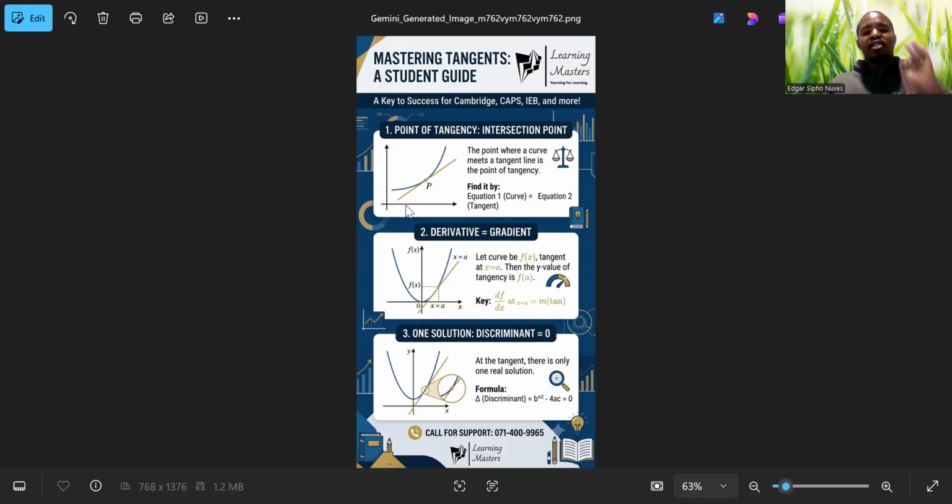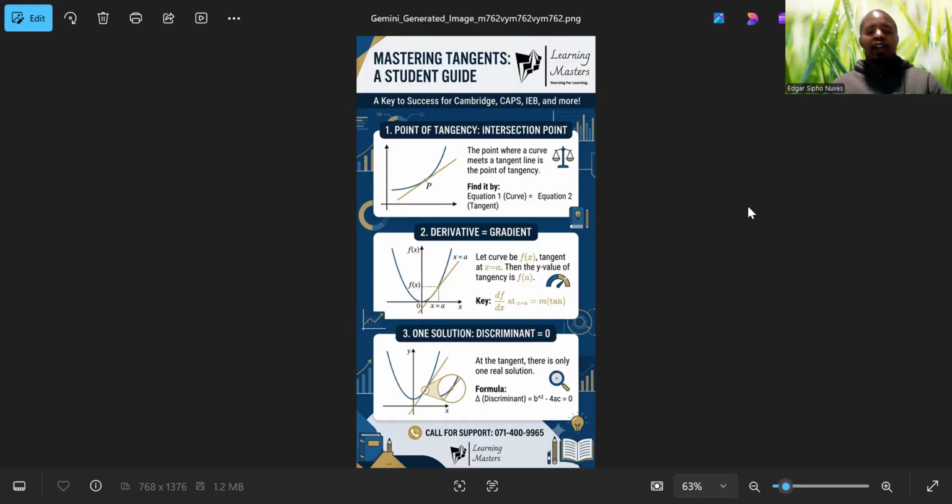When you take the derivative of the curve, in this case a parabola, and then substitute the x value of the point of tangency, the output value is the gradient of the tangent line. That's the second thing to remember: the derivative of the curve at the x value of the point of tangency gives you the gradient of the tangent line. The output will be a number, which is the gradient of the tangent.